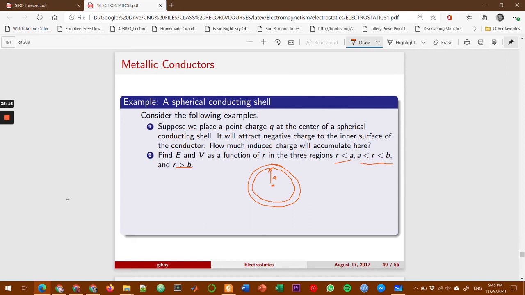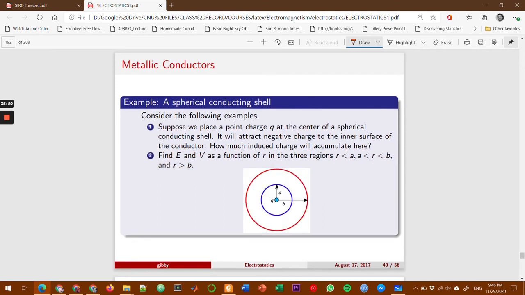This is A, and this is B. You find the potential and electric field inside, in between, and then outside. So you have this graphical representation here. What is the electric field and potential at the following regions? Inside, in between, and then outside.